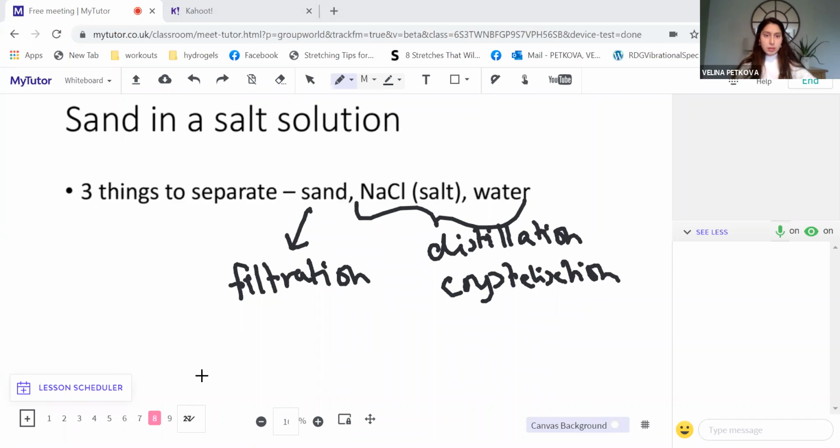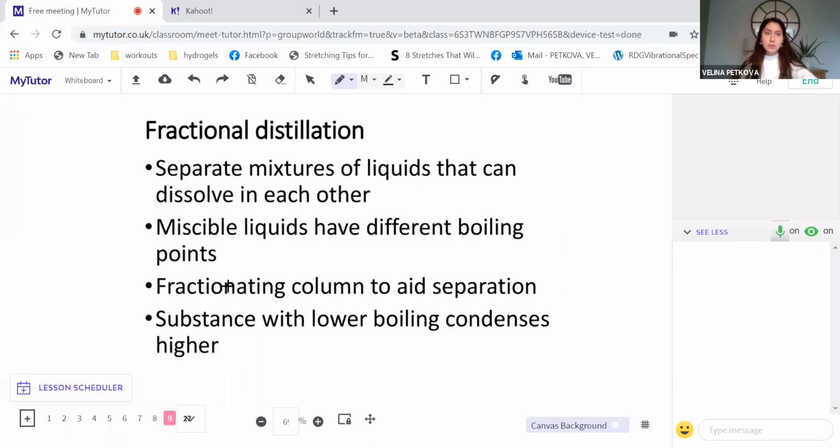So those are some of the methods for separating stuff physically. So now let's look at another type of distillation. What we just looked at was simple distillation, okay? And now we're going to do some work on fractional distillation. This is slightly more difficult and requires slightly different equipment. Firstly, fractional distillation is used when you have miscible liquids.